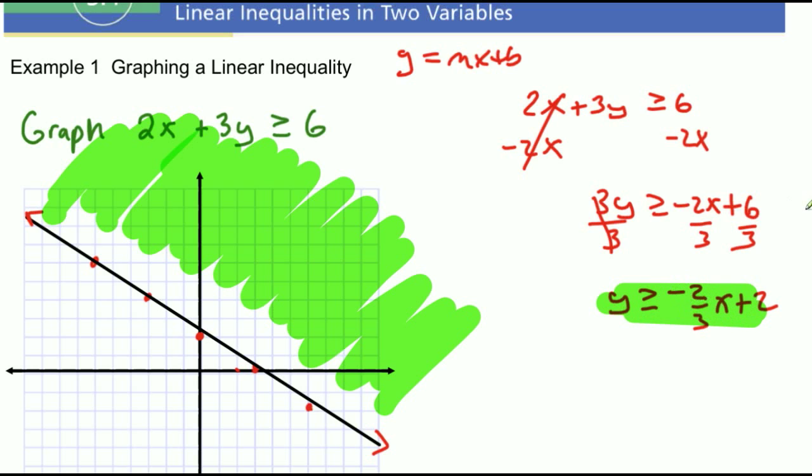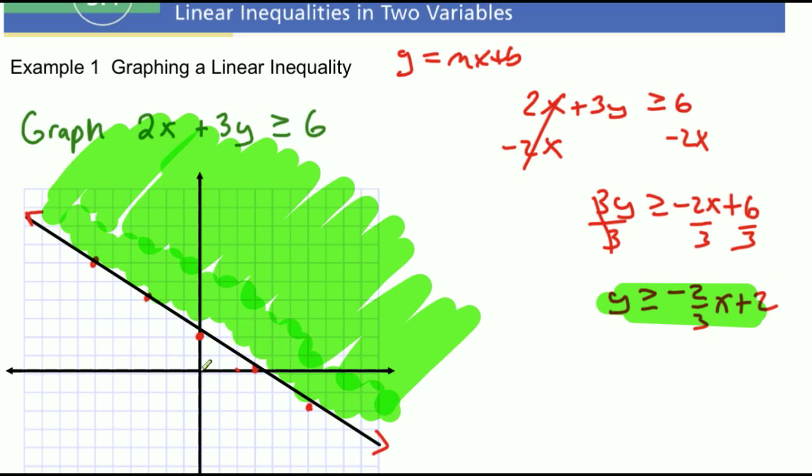Lastly, we can check our answer to see if this is correct. Choose any point in the shaded region, it doesn't matter where, and it should make this true.